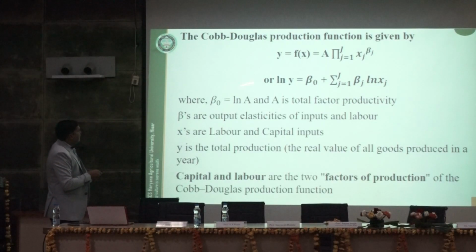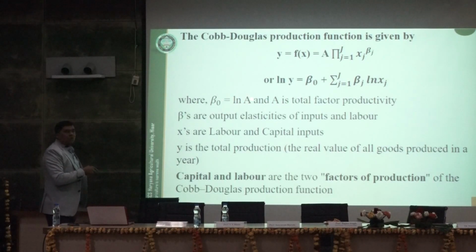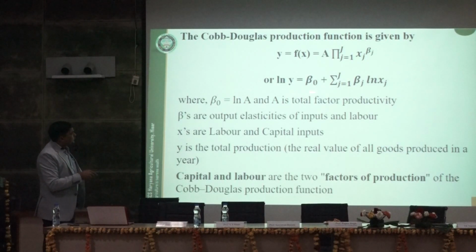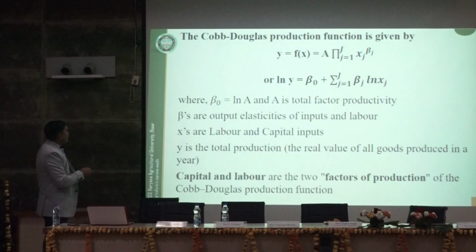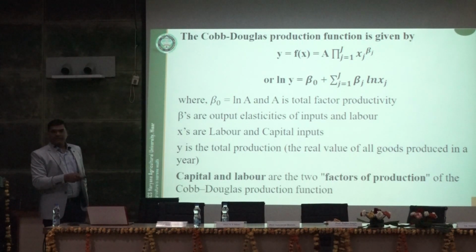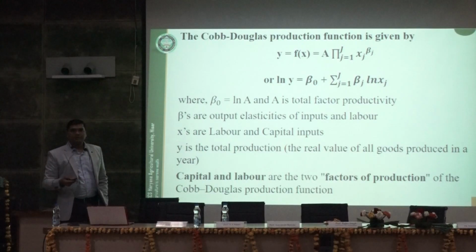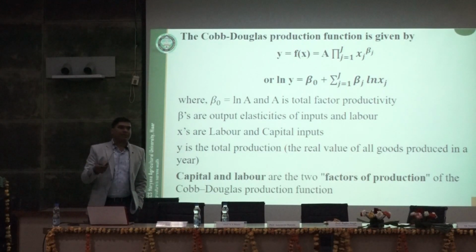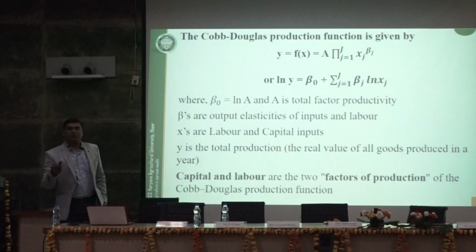So this beta naught is the log of A. A means your total factor productivity, and the other beta j's are the output elasticities of the inputs. These x_i's are the labor and capital inputs, or it may be anything. For example, we will discuss the production of milk.